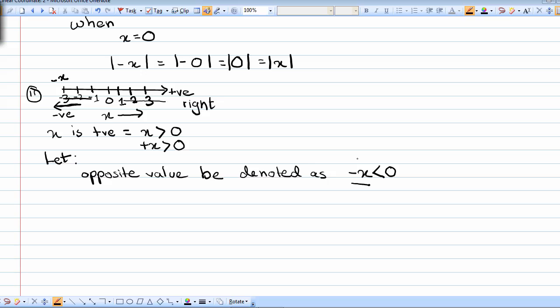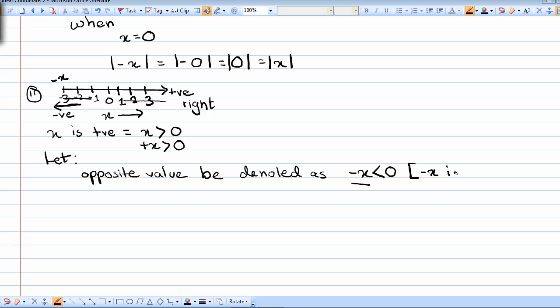So this minus x refers to the left hand side, which is conventionally the negative side, and any value contained inside this x will obviously be less than 0 or negative.